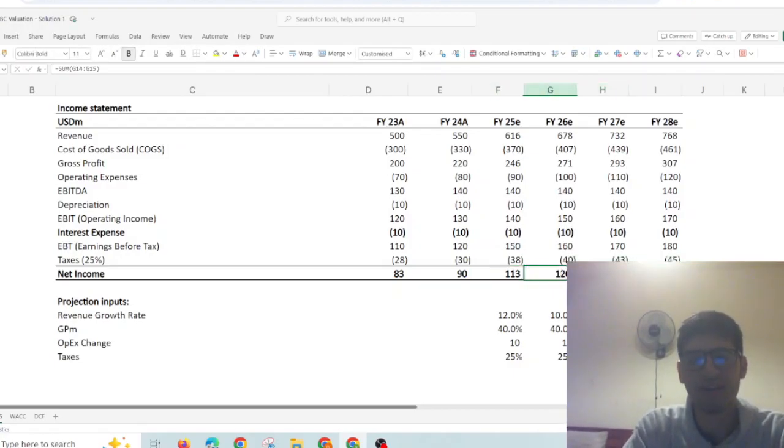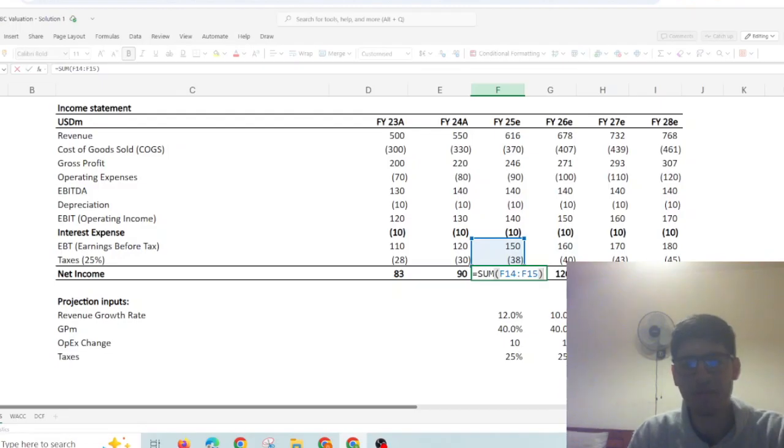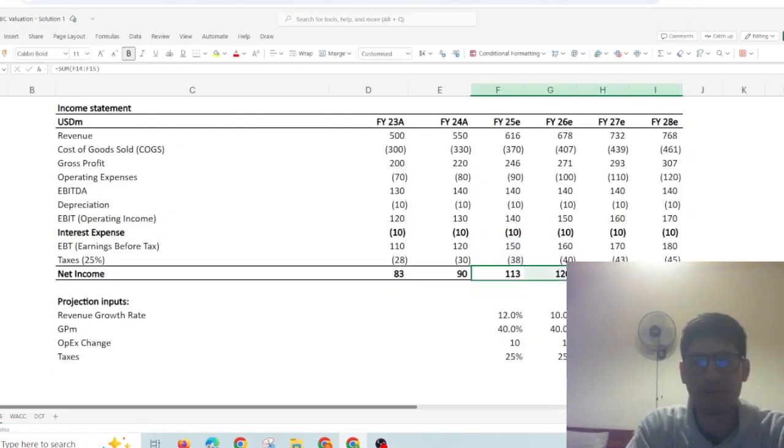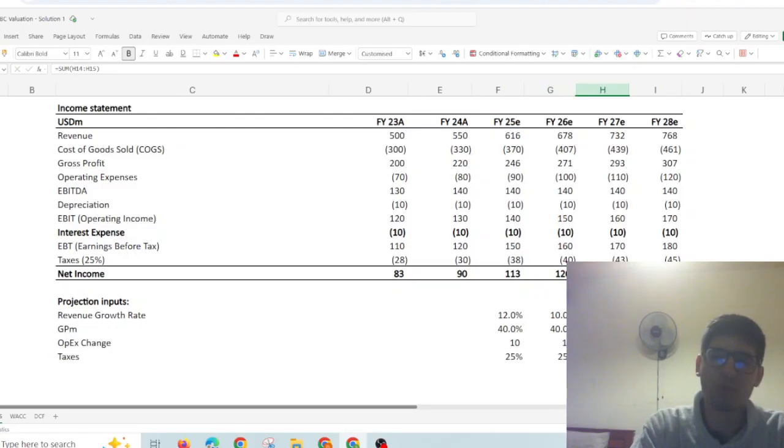And as you can see, guys, the net income is the EBT minus taxes. I got the net income. So this is the net income for 2025. It's $113 million, $120 million for 2026, $128 million for 2027, and $135 million for 2028.